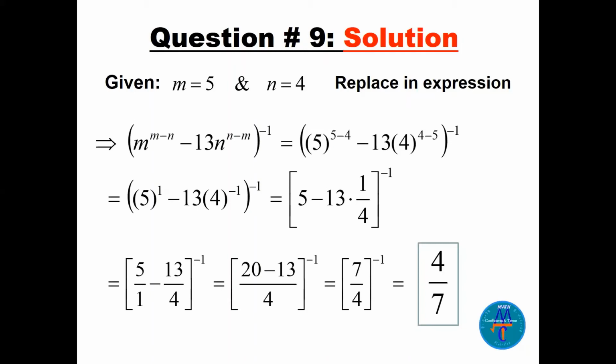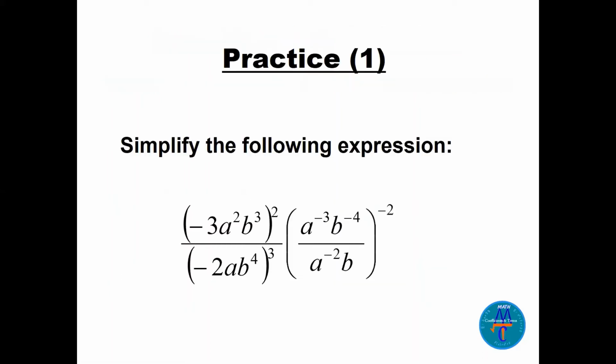You will find the methods, detailed examples only about LCD. So here we multiply by 4 up and down. So 20 minus 13/4, 7/4 to the power minus 1. Just flip the fraction, 4/7. That's the 9 questions.